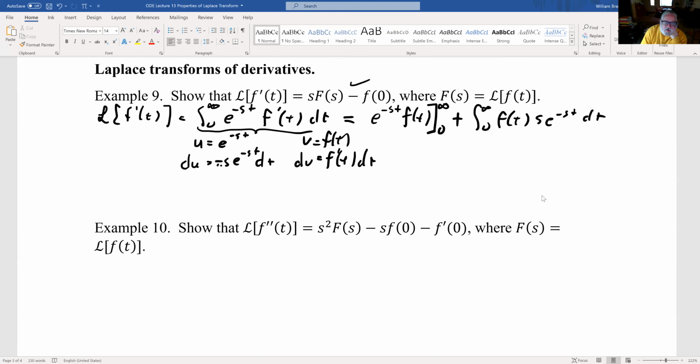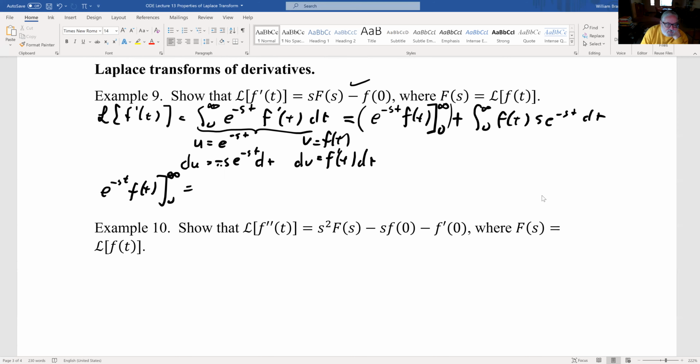So to finish this off, we need to know what this first thing is, e to the minus st f of t. So this term, what does that turn out to be?